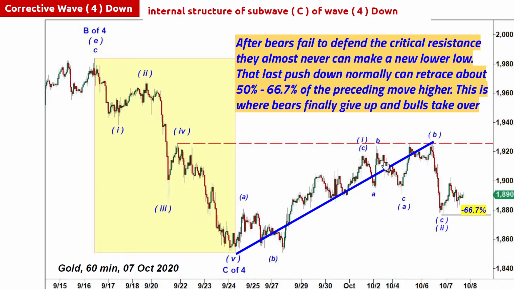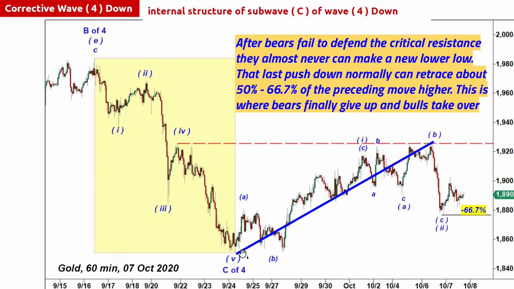So when you get that corrective structure, which is called an expanded flat or running flat, you know that after the final subwave C down, the next move up would be very strong. And by the way, in this particular case, after bulls invalidated the bearish count, they violated that critical resistance, they played that fake move down, which retraced exactly 66.7% of that rally.